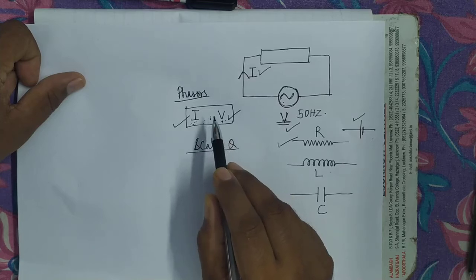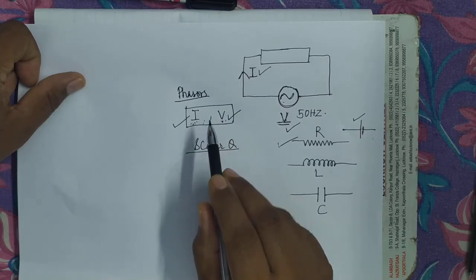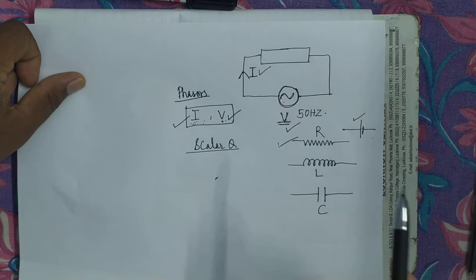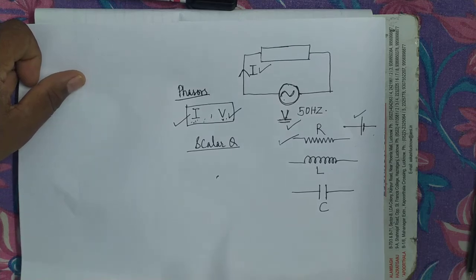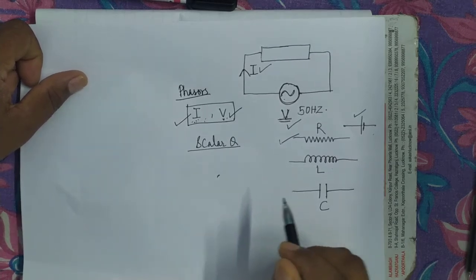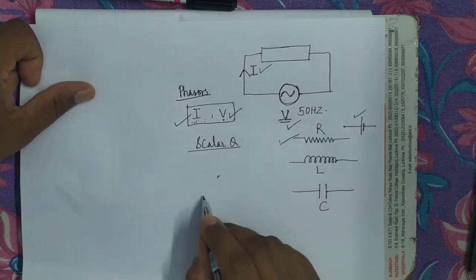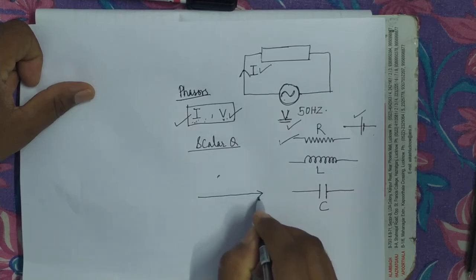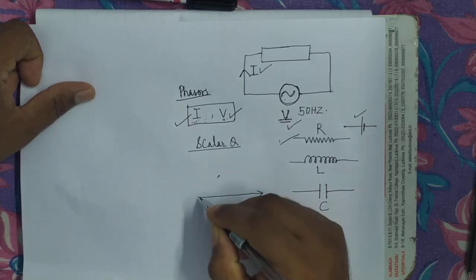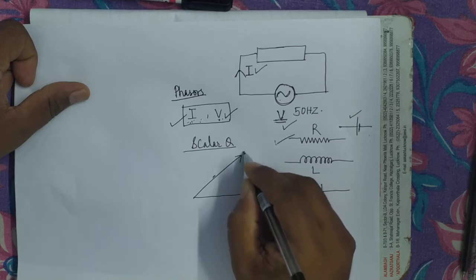It's clear. And these phasors are drawn exactly in the same way as we draw vector quantities. So suppose if it is drawn like this, this is the phasor of the current and this is the phasor of the voltage.